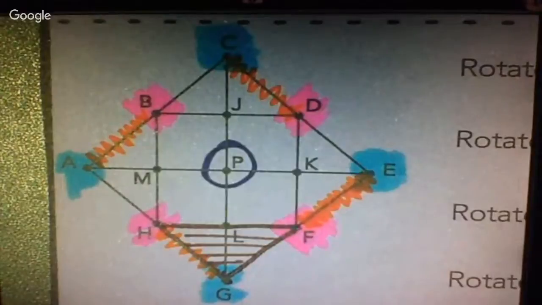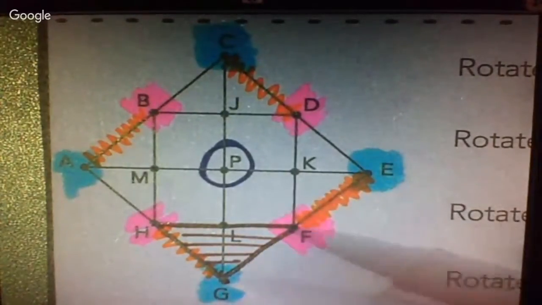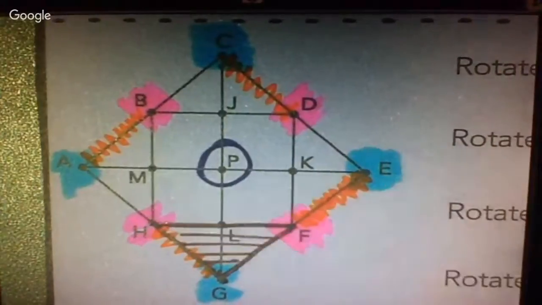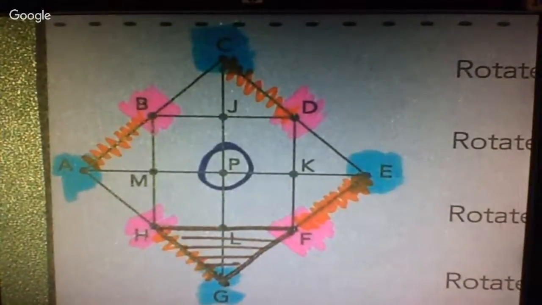Okay, they want us to go 180 degrees. So if I'm facing the bottom, 180 makes me face the top. So be careful on how you spell this out. It went F, G, H. So my new triangle should go B, C, D.